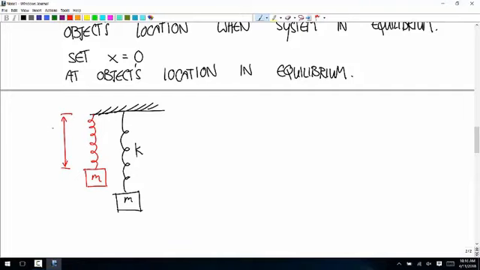So this is the rest length. This is the equilibrium length. And that's like our origin, and our x is going to go towards the ceiling.